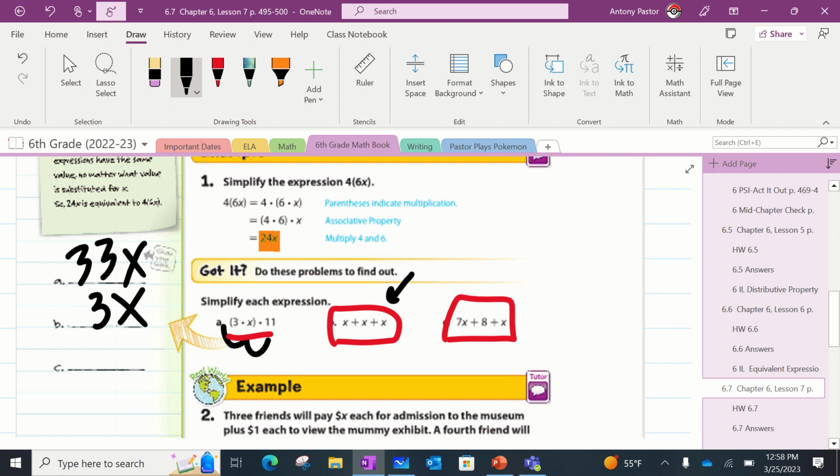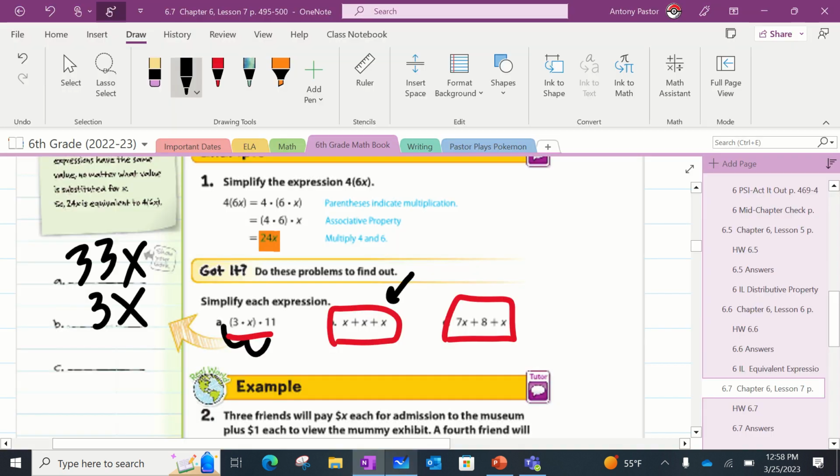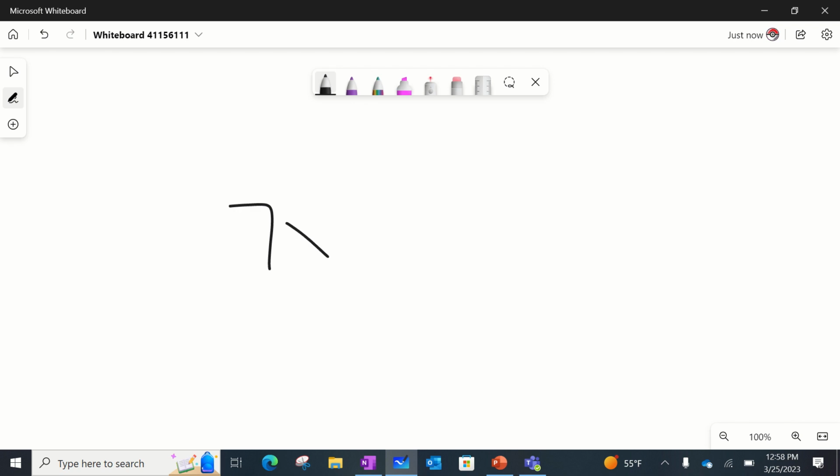And over here, 7x plus 8 plus x. So I'm going to go ahead and do this on our big whiteboard. This is 7x plus 8 plus x. That 8 looks wonky. Now remember, our like terms are what we can combine.